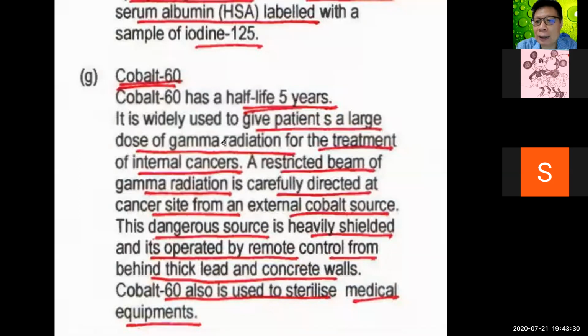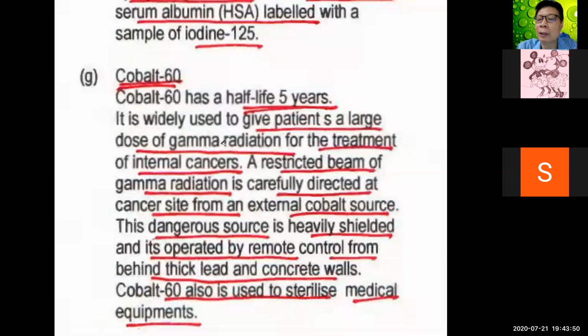So remember that. Sometimes in the exam question, they may ask you to choose one in medicine. In most cases, remember, we use gamma. When the dosage of gamma is low, it's actually very safe. It can kill a little part of the cells only, but if the cell dies, it doesn't matter.